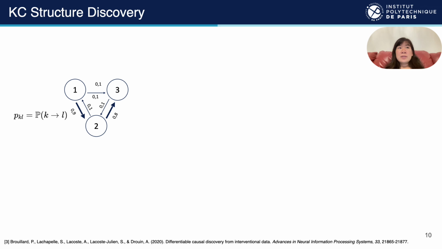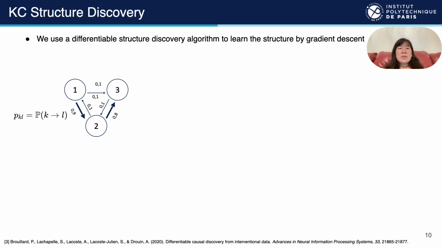And through data, we are going to update how important each connection is truly in this prerequisite relationship. So we use a differentiable structure discovery algorithm to learn the structure by gradient descent.